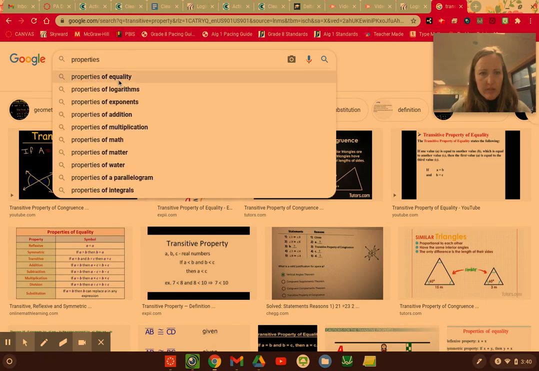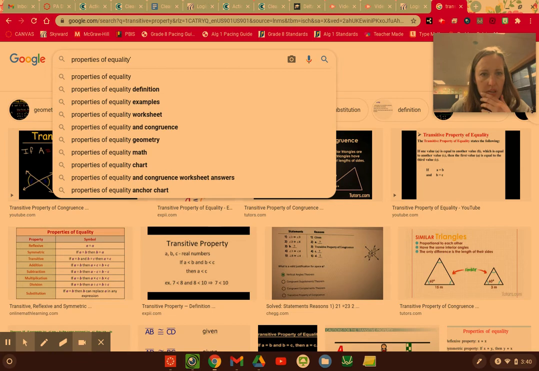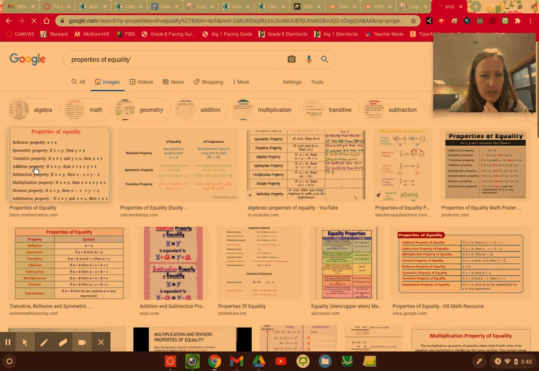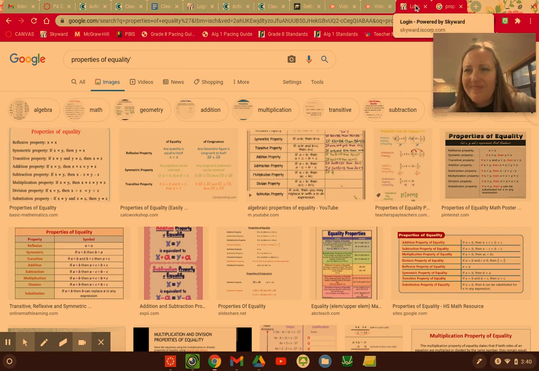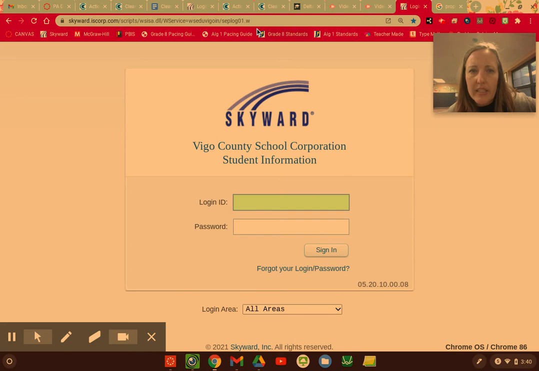Properties of equality. Reflexive. No. Symmetric. If x equals y, then y equals x. Not exactly. That's not what we're talking about. Addition, subtraction, multiplication. I guess you'd really say it's the transitive property. Yeah. I think that's right. Is that what I said from the beginning? I hope so.